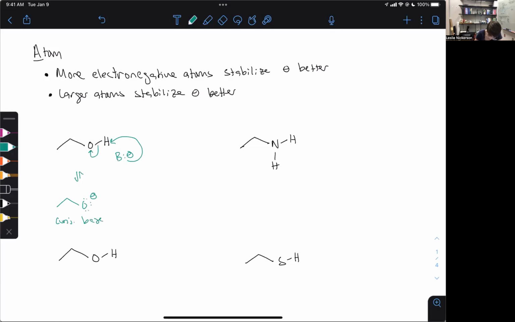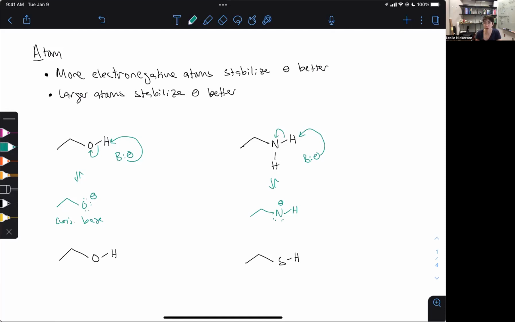I'm going to do the same thing over on this side. Use my base, take that H, give a lone pair. And now I've got two charged structures. So now it's going to be much easier to compare these two and ask ourselves, which of these is the more stable conjugate base?